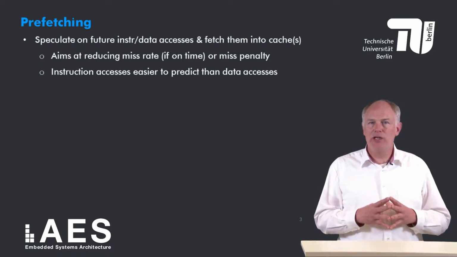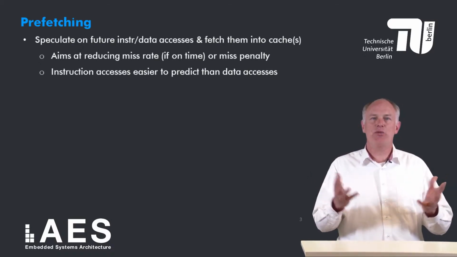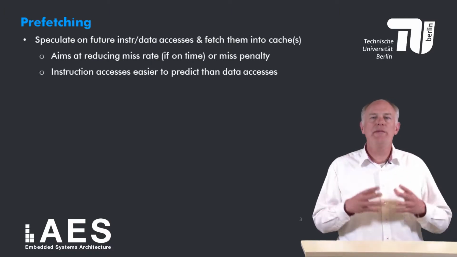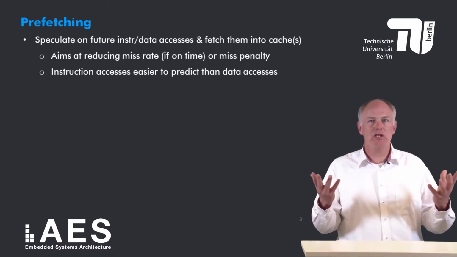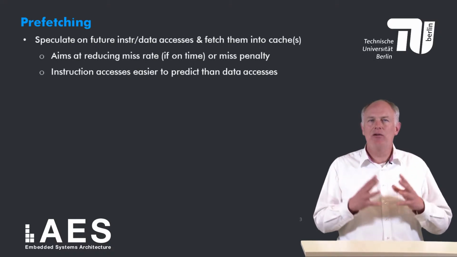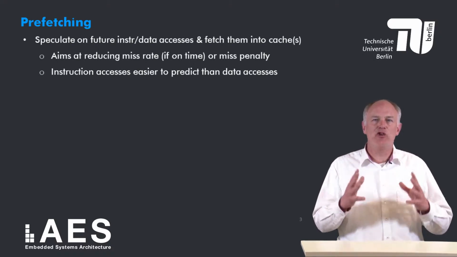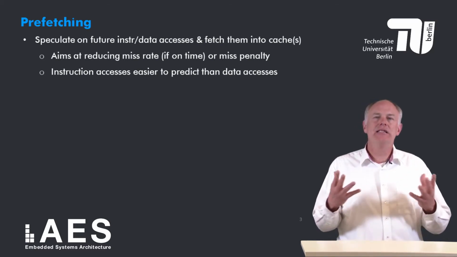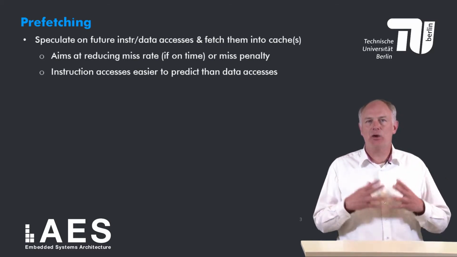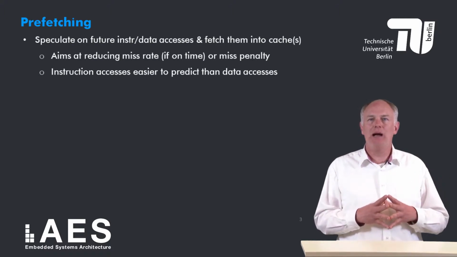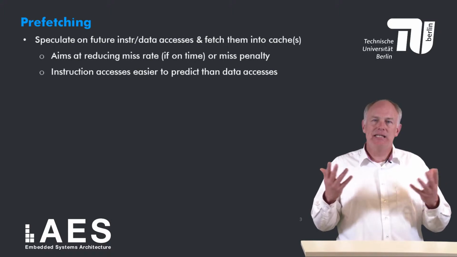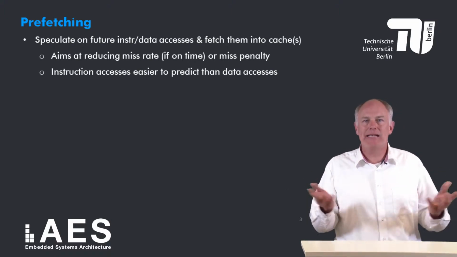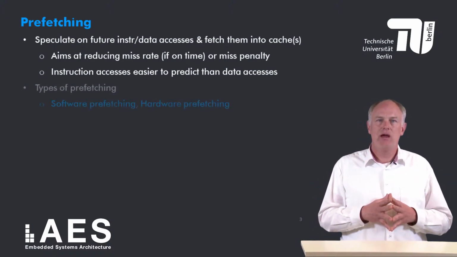Prefetching attempts to reduce the miss rate if the prefetch was issued on time, or the miss penalty if the prefetch was too late. In general, it is easier to predict instruction accesses than data accesses, since instructions are usually accessed sequentially, interrupted only by branches, while the data stream is usually not sequential, since different loads typically access different data structures.